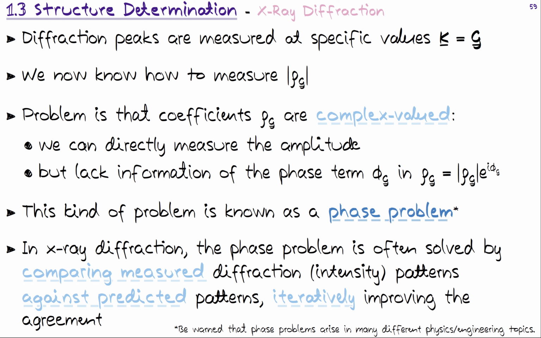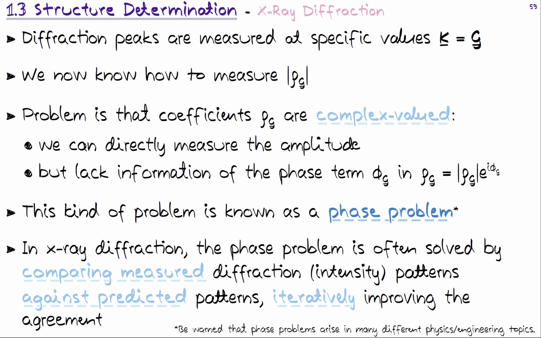With this kind of method we are trying to find a possible solution that provides us the measured diffraction pattern. And once we are there, usually it's a relatively unique solution, but that is not always the case.